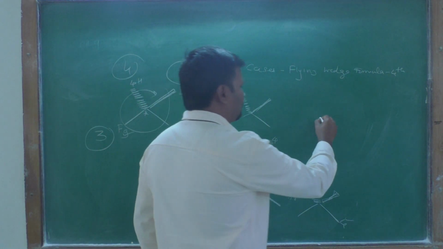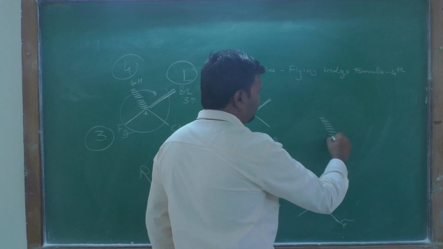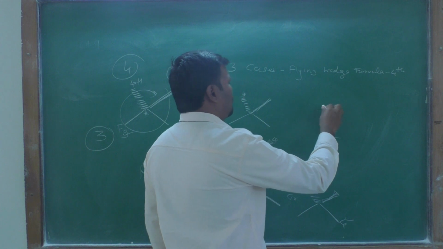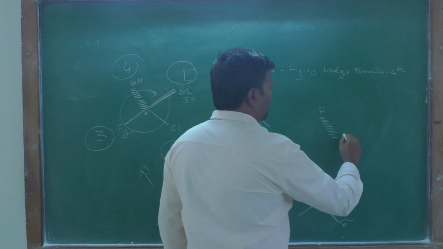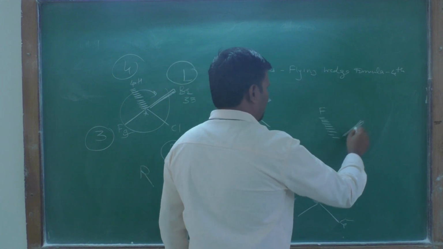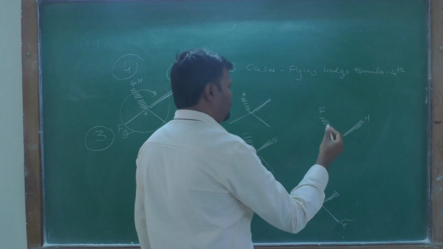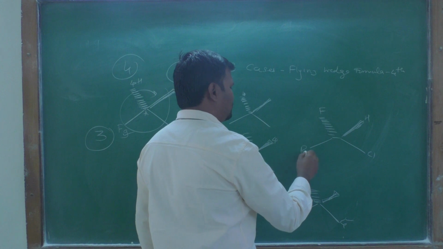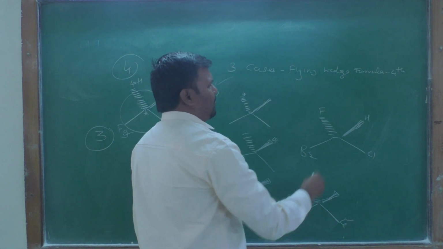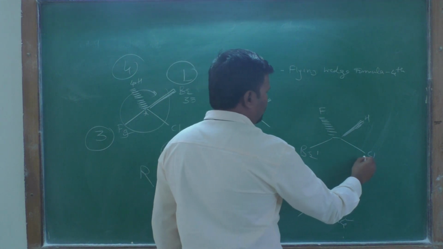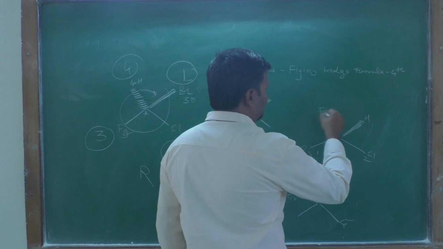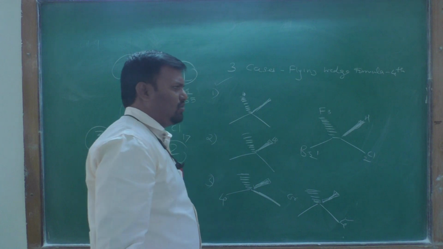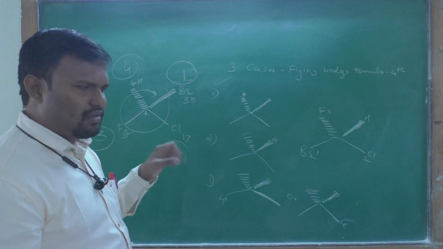Okay, therefore we have one example. If suppose in this case fluorine is there, hydrogen is pointing towards the observer, chlorine is there, and bromine is there. Okay, therefore bromine is 1, chlorine is 2, and fluorine is 3, and your fourth priority group is pointing towards the observer.